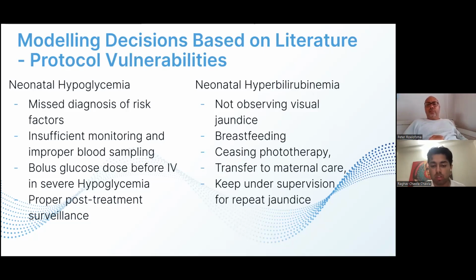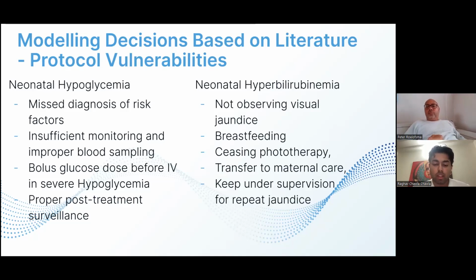You need to keep breastfeeding the baby to make sure that the baby gets enough carbohydrate nutritional intake, which is important in regulating bilirubin levels. However, a lot of times the baby is separated from maternal care and isn't reunited on time. So this needs to happen.